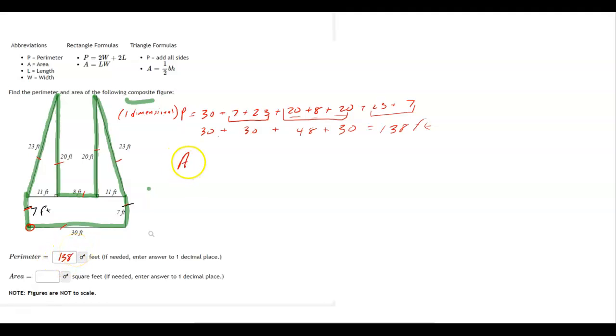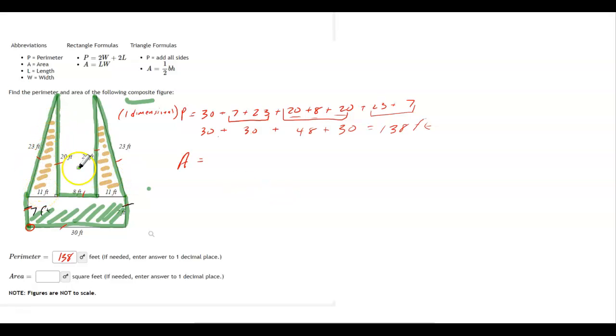Now the area is a little more complicated. Of course, area would be the region within this. It would be this rectangular region, and we get this triangular region. And this triangular region is identical, isn't it?